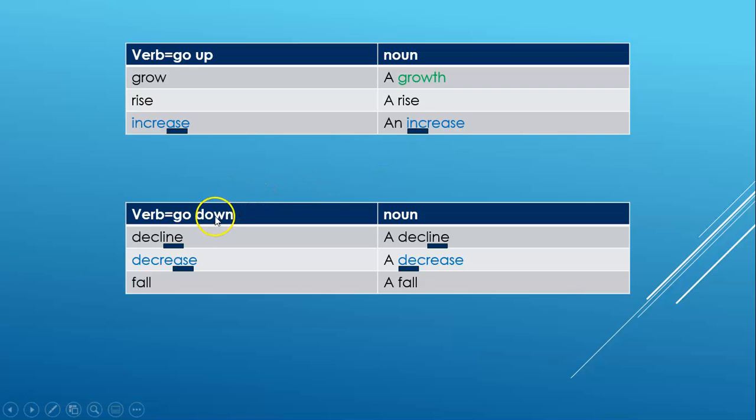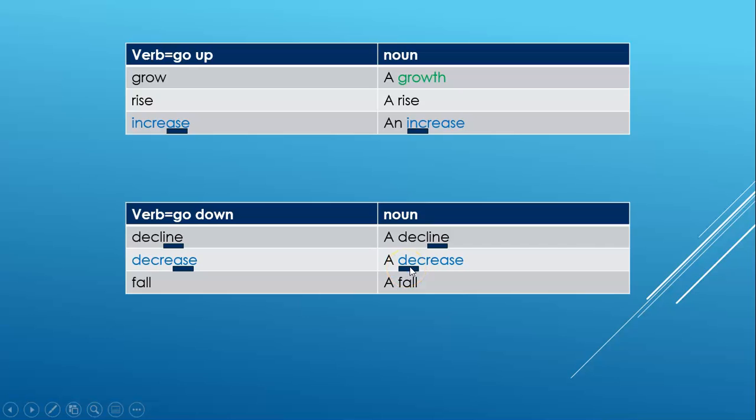Now verbs that mean to go down. We have decline. And the noun is exactly the same, a decline, the same form and the same stress. We have decrease, and the noun is a decrease.